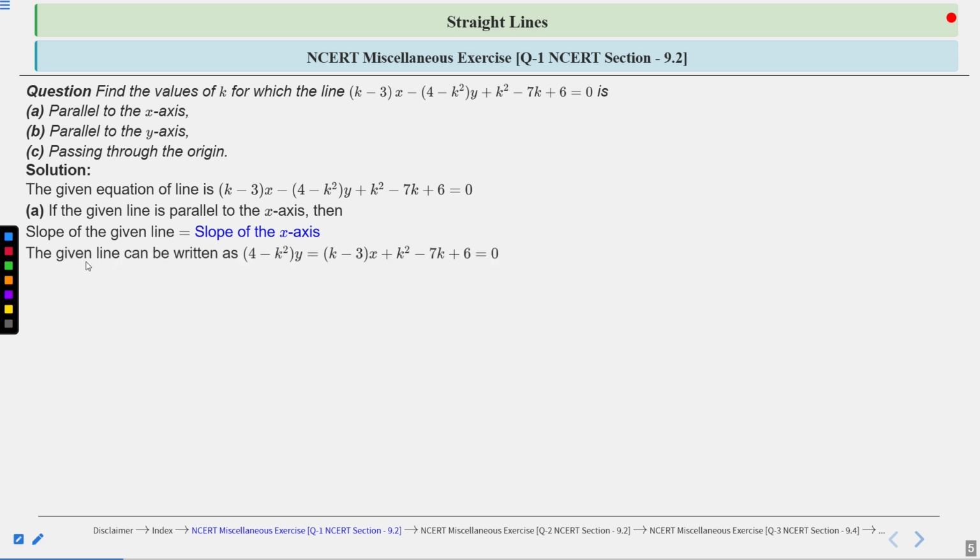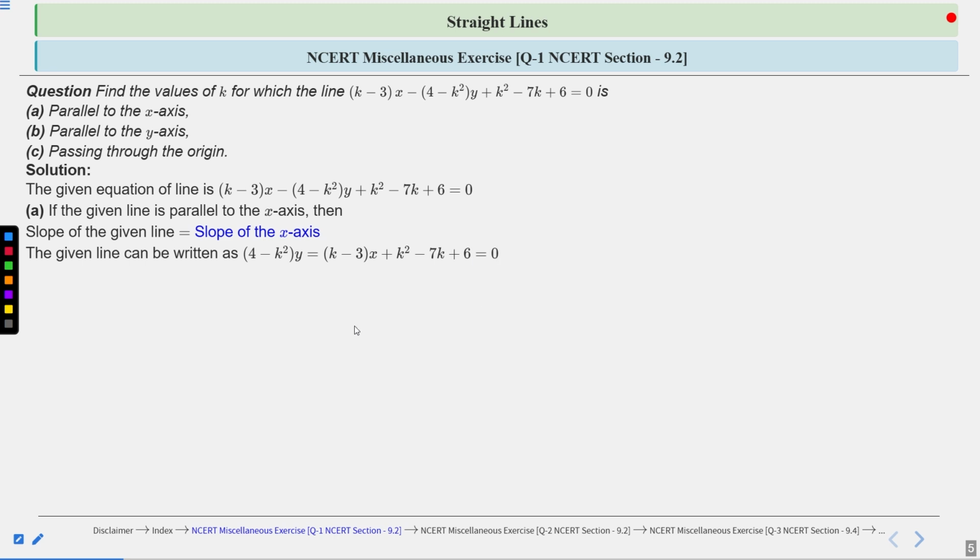First, simplify the given line. It can be written as 4 minus k square times y equal to k minus 3 times x plus k square minus 7k plus 6.